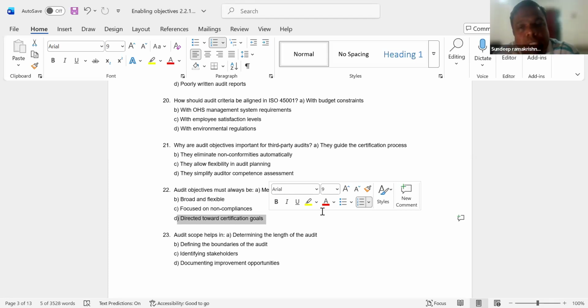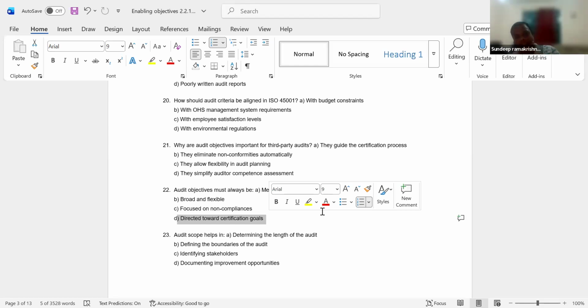In our reports we generally say objectives have been achieved. Only when the objectives are achieved will it go to the certification decision. Auditors will do the audit based on objectives, and the objectives have to be achieved by the end of the audit process.